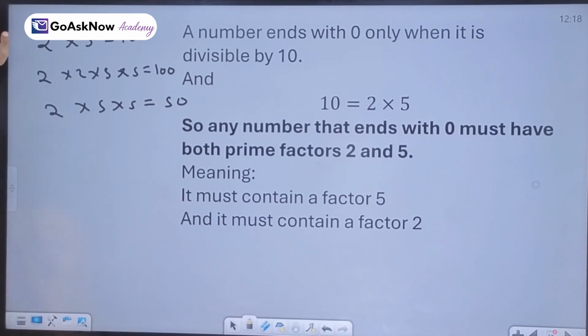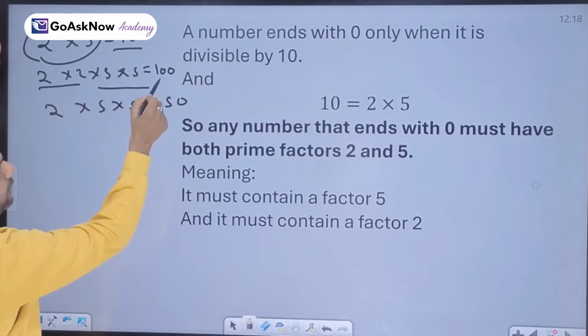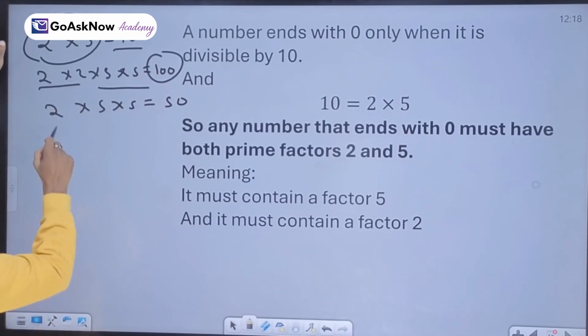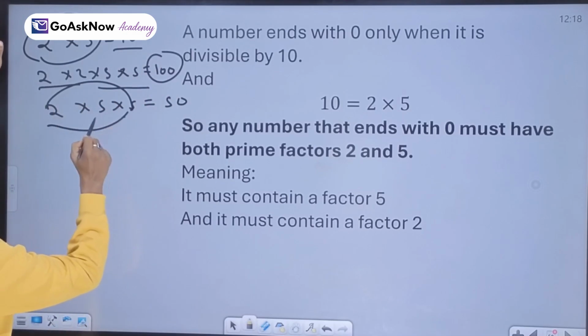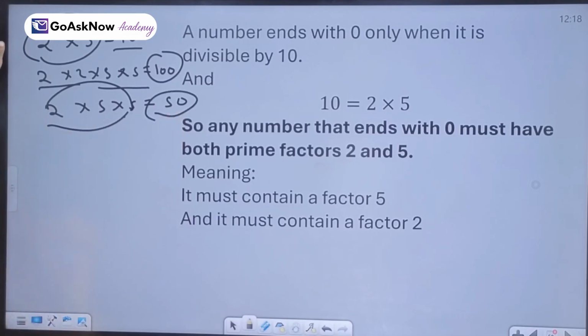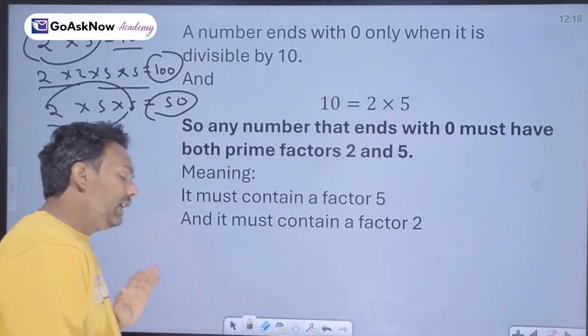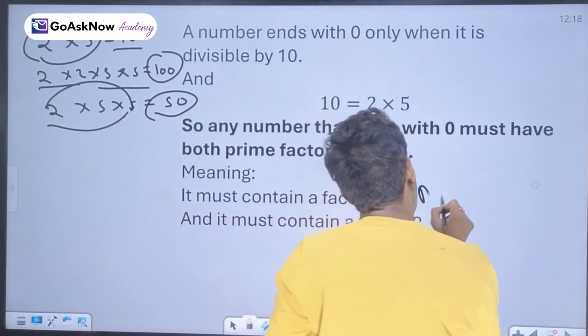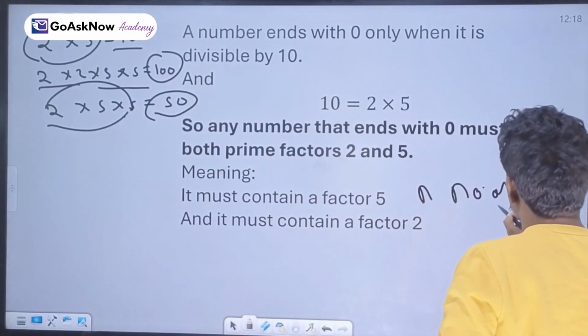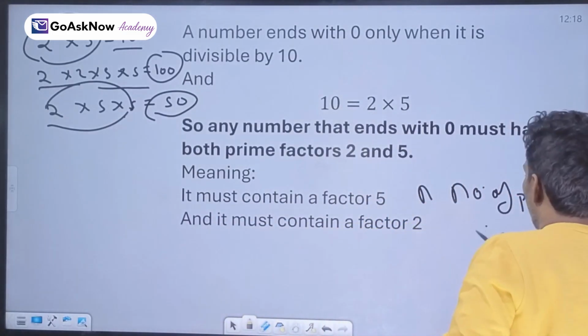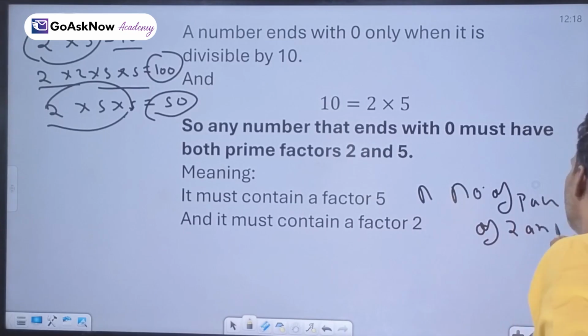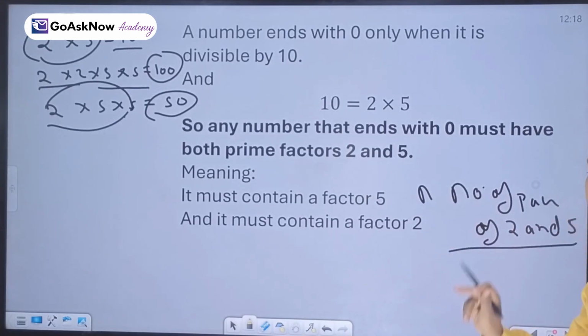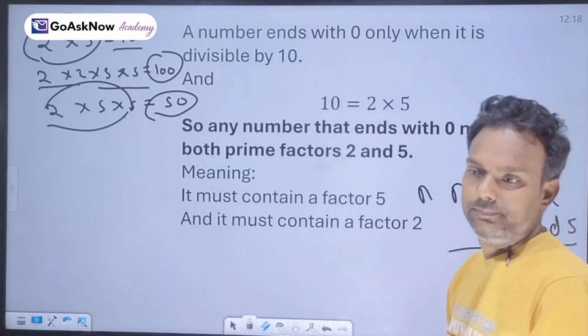So we see here that there was a single pair of 2 and 5, there is 1 zero. There were two pairs of 2 and 5, there are 2 zeros. There is one pair of 2 and 5, then 1 zero. So if there are n pairs of 2 and 5, then there will be n zeros.